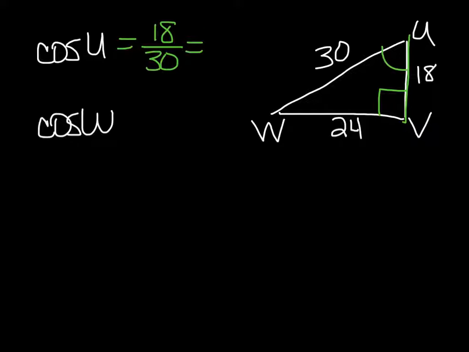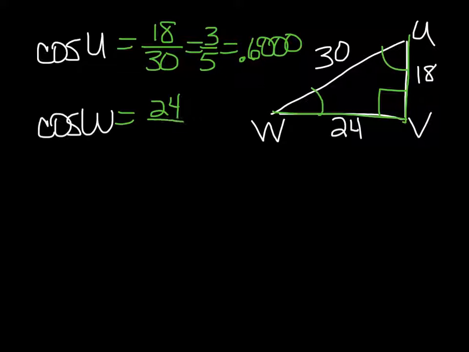That reduces to 3/5, which equals 0.6000. If we want to find the cosine of W, we're going to come with respect from W and go the side that is adjacent, which is 24, over the hypotenuse, which is 30, which reduces to 4/5, and that is 0.8000.